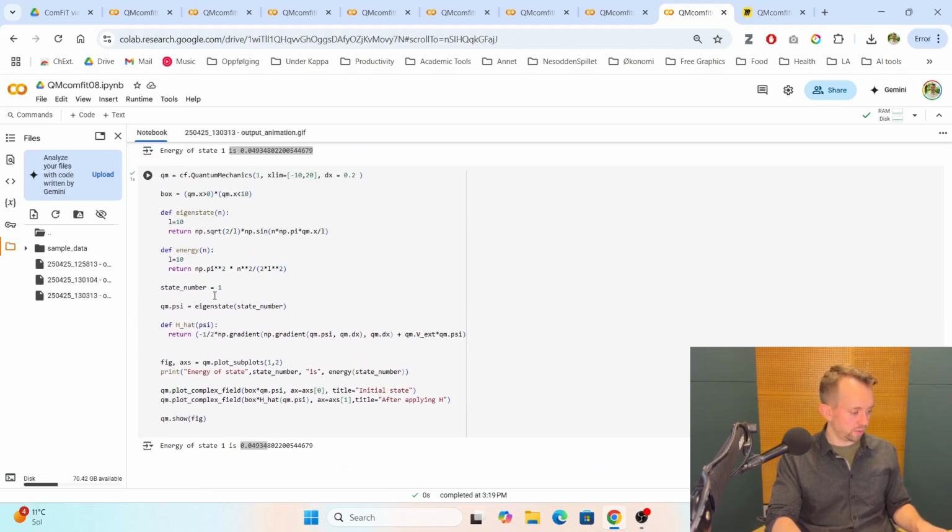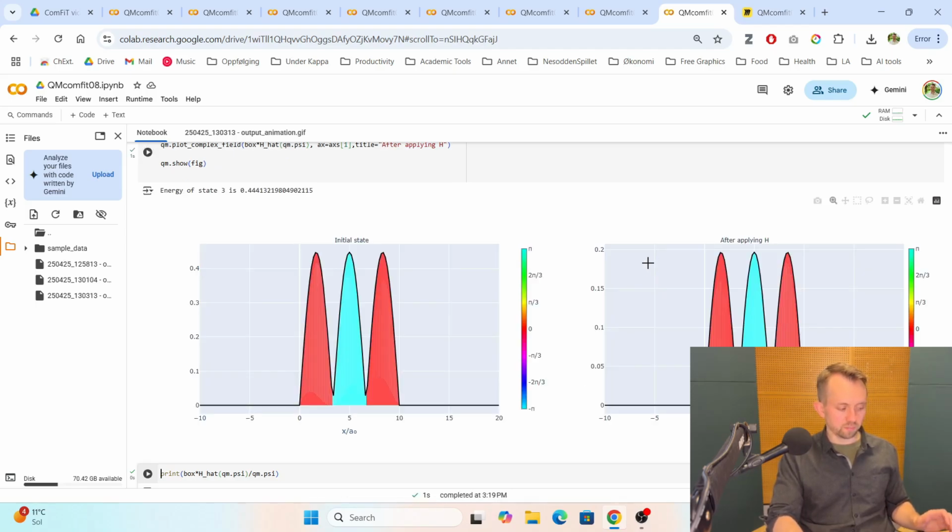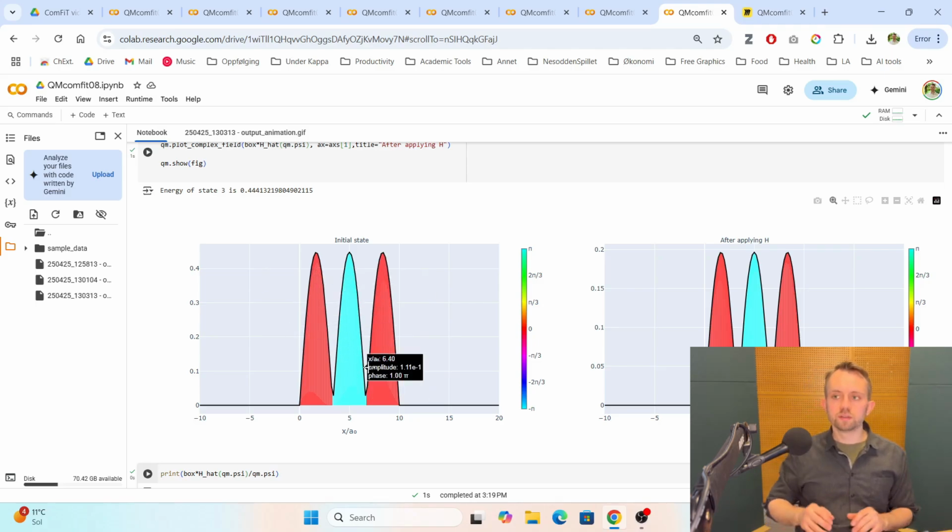If I go to state number 3, for instance, then you see the same kind of pattern, namely that the initial state is this. After applying h, you just get this thing here, and you see that the wave periods that you have here are very similar to the waves that we had on the wave equation with fixed boundary conditions.